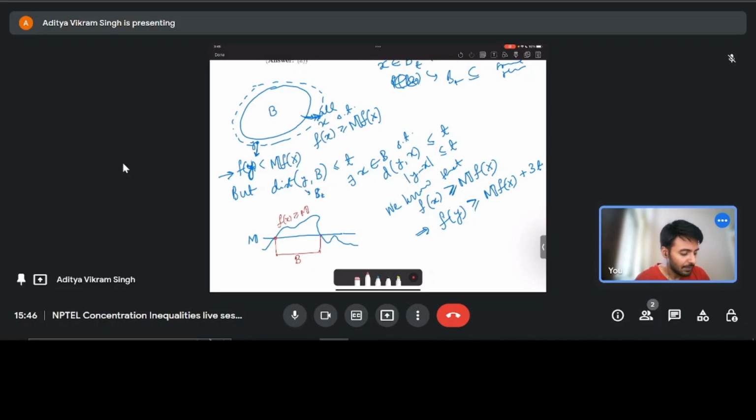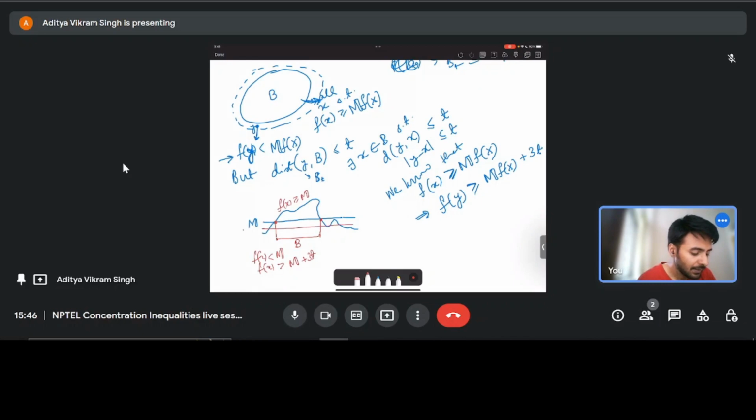And for a t blow up of B, what we are saying is that outside this B, f(x) would be less than the median, but f(x) would not be too much less than the median, so it would be greater than the median minus 3t, and this is by Lipschitzness. So in the t blow up, suppose this line is m minus 3t, so in the t blow up, the value of f would be above this m minus 3t line.